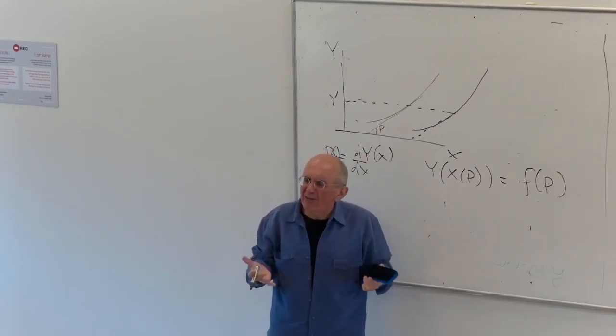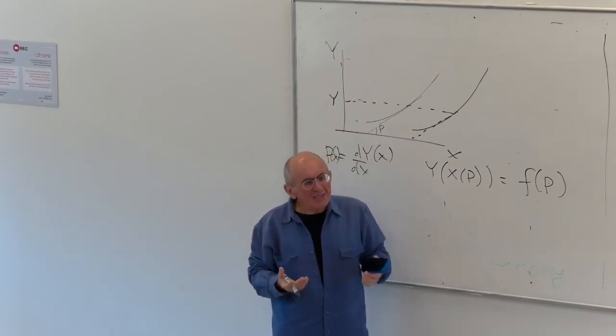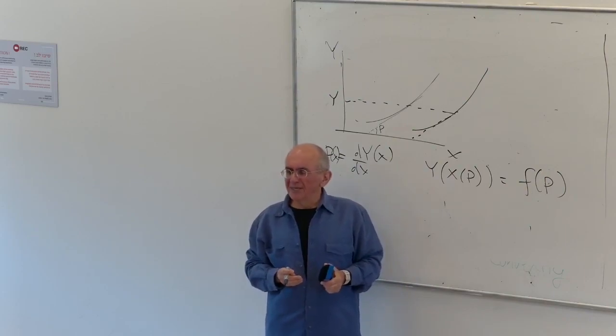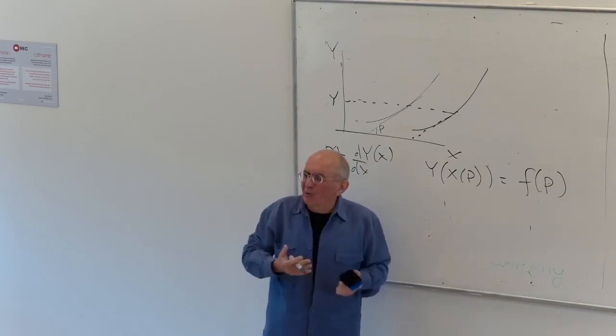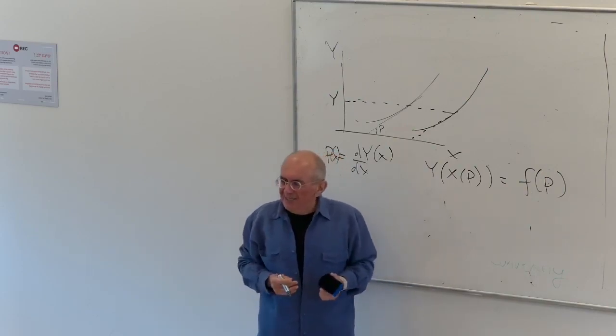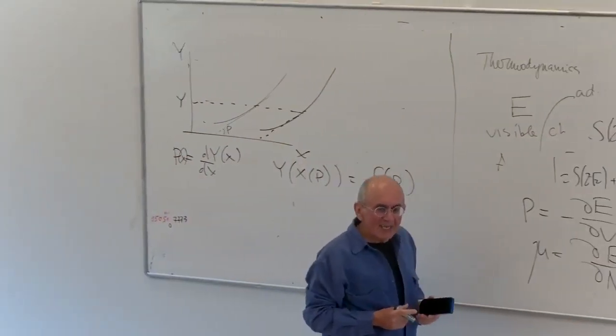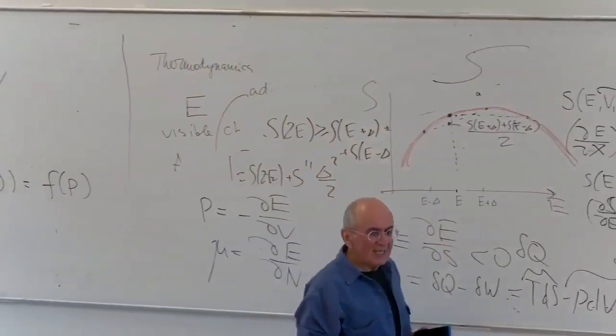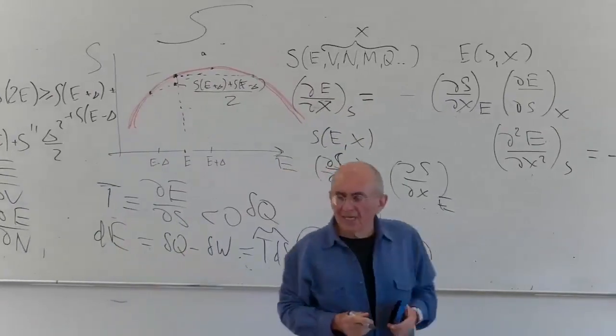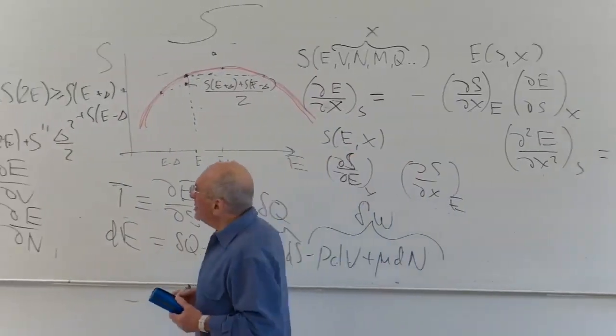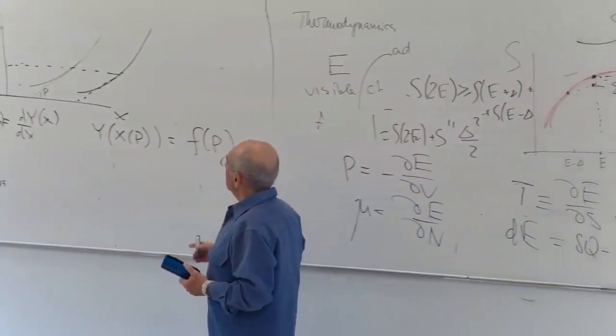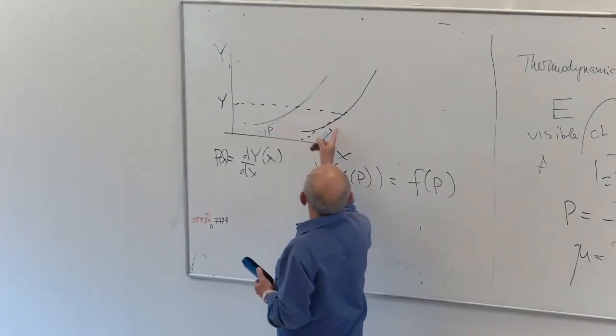But I don't want a function of p. So what must this function be? Apparently not y, something else. What do you want to specify so that you really nail this curve and not that?